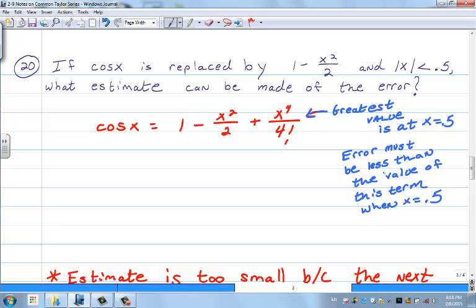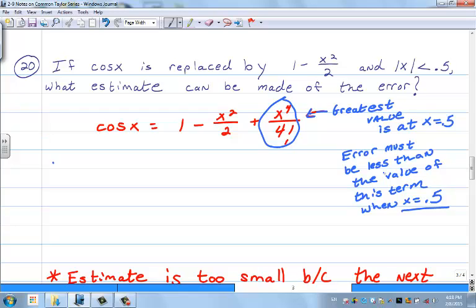Okay, so all we really need to do to figure out this error is plug in the 0.5 to the next term, right? Because we've got the first two terms. The error in the first two terms has to be less than the next term. So we plug in that 0.5.